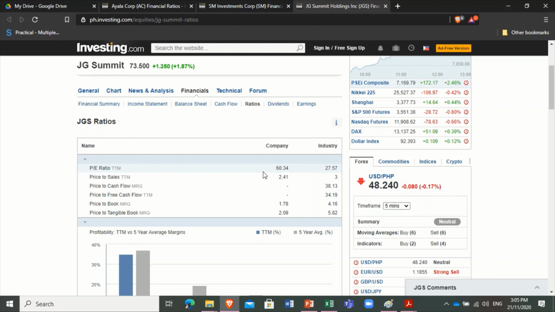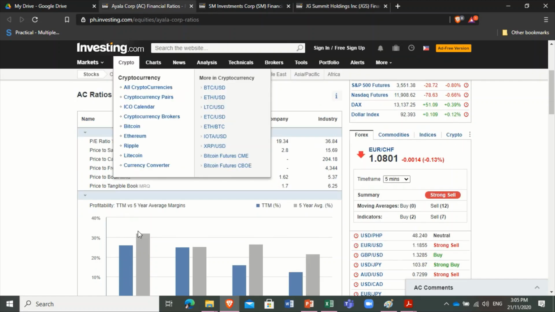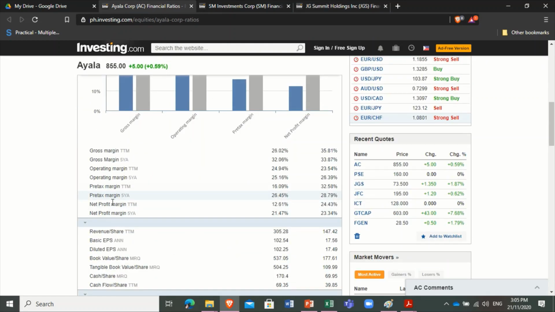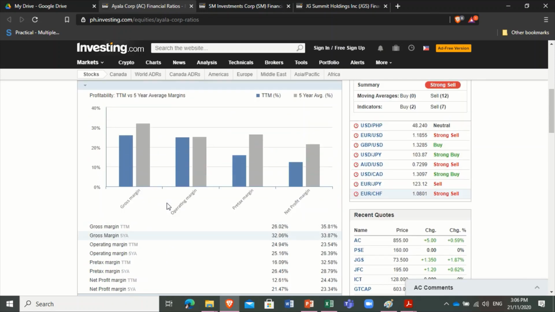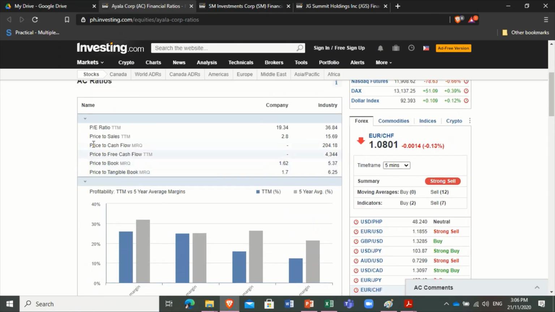Kung titignan mo yung performance niya, kung dun sa kanyang net profit margin, yung kanyang profitability, yung ROE niya, kung dun pa lang pagbabasehan, you know that Ayala Corporation is really a good company.